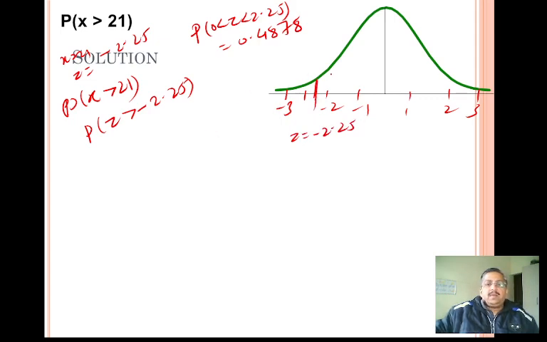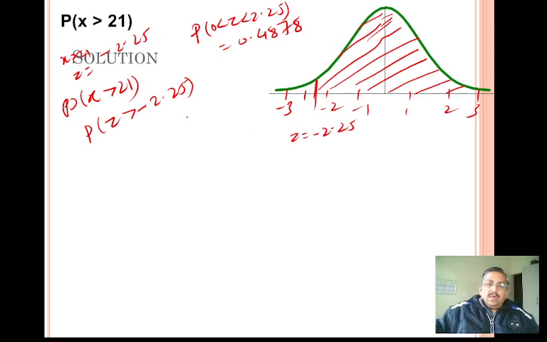Z greater than minus 2.25. That means the area to the right side of this one, right? The rightmost part in the z-axis, on the number line, hope you know, is the greater, and the left-hand side are the smaller. So here the question is interested in the right side part of the ordinate z equals minus 2.25. So this is the area we have.